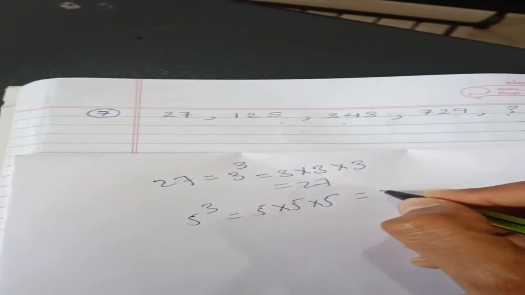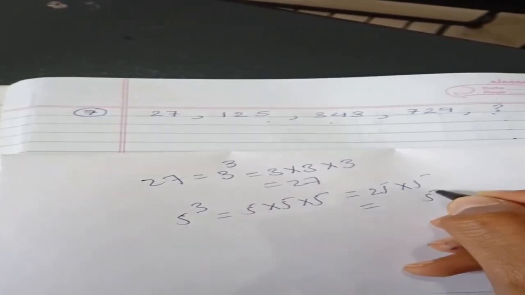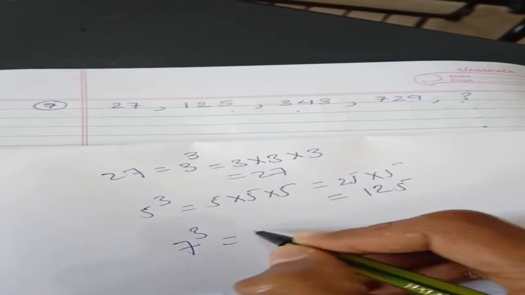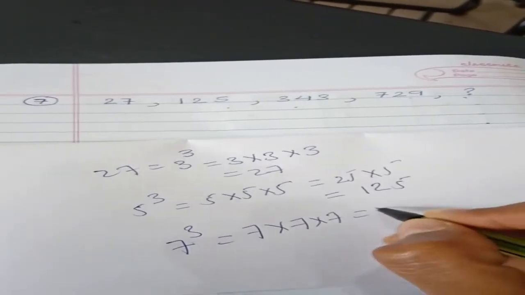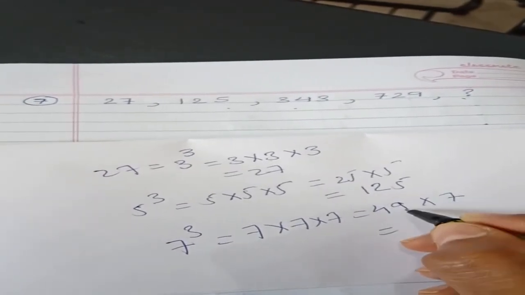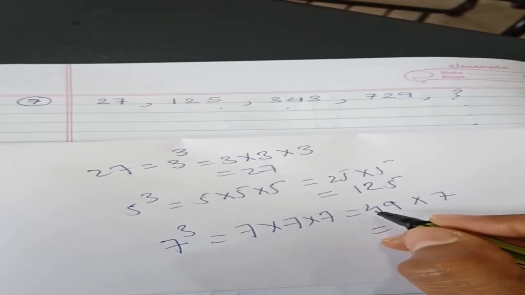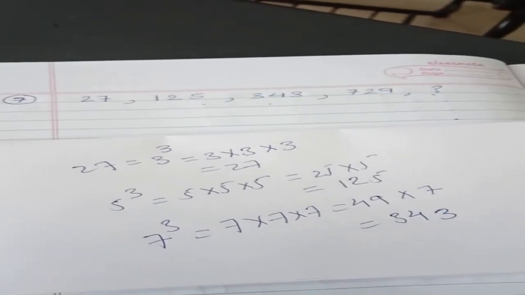So 5 fives are 25 into 5, so that is equal to what? 125. So what is 7 cube? It is nothing but 7 into 7 into 7. So that is nothing but 49 into 7. 7 nines are 63, carry 6, 7 fours are 28, so we are going to get 343.